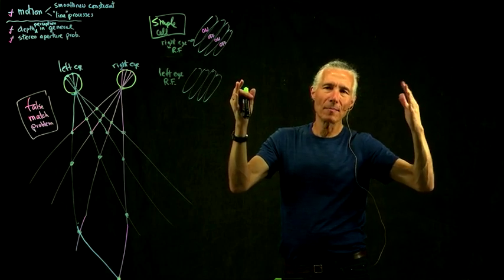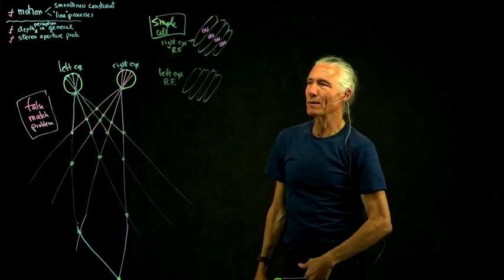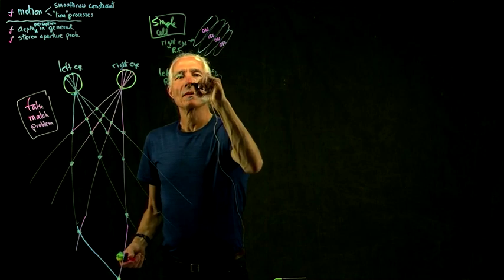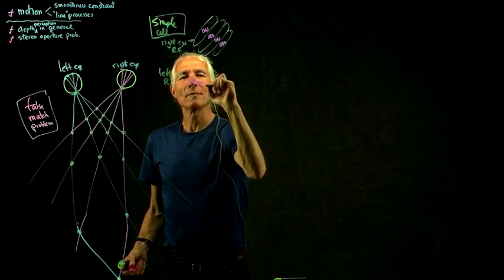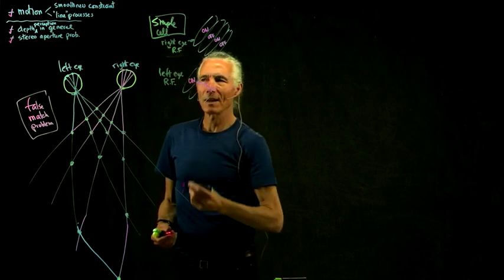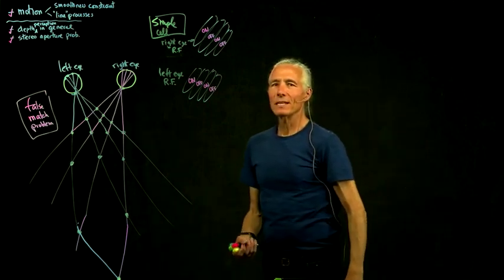Then you can independently change what's going on in the left and the right eye and see what happens as we move things around in the left eye, the right eye, or both. And you can immediately see what the problem is.